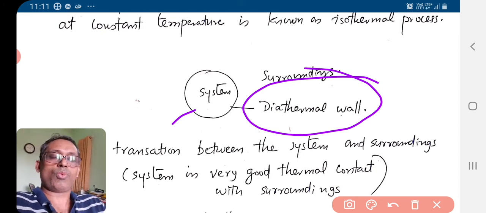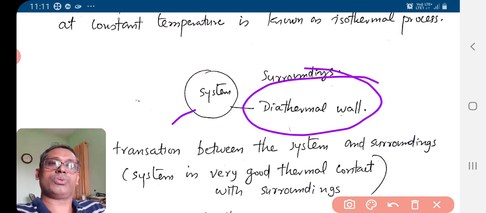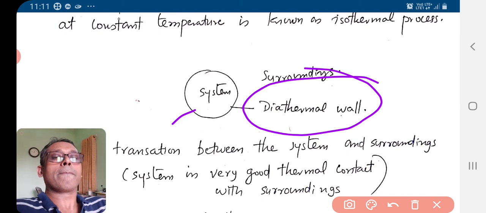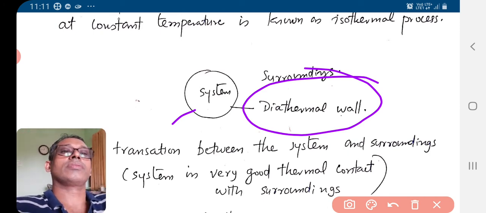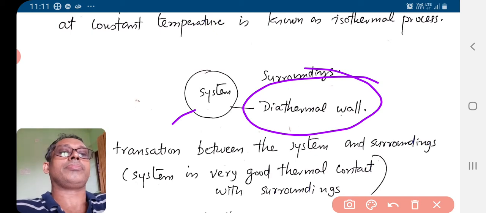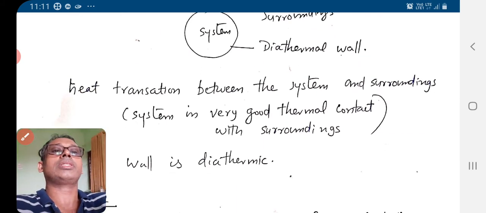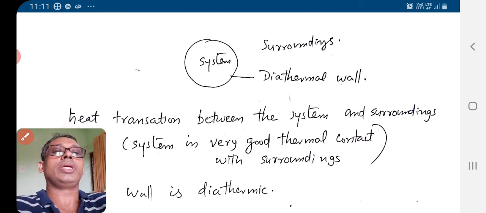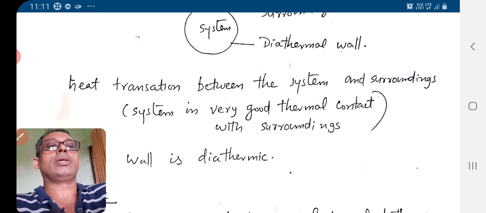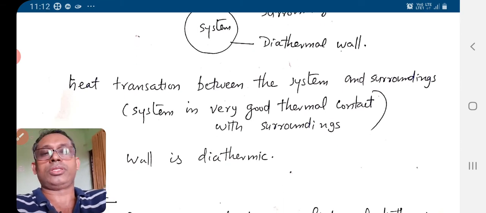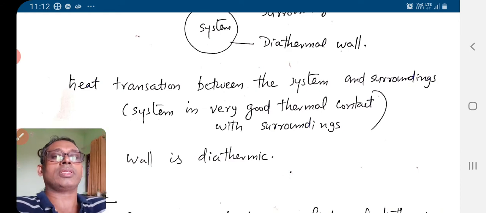A diathermal wall permits flow of heat through it. So the system can exchange energy with the surroundings. Now, there will be a heat transaction between the system and the surroundings. The system is in very good thermal contact with the surroundings.